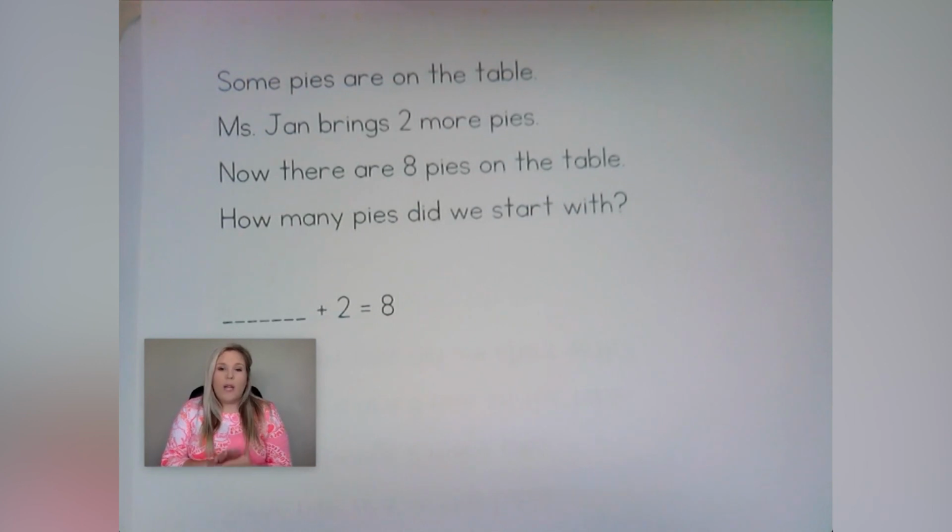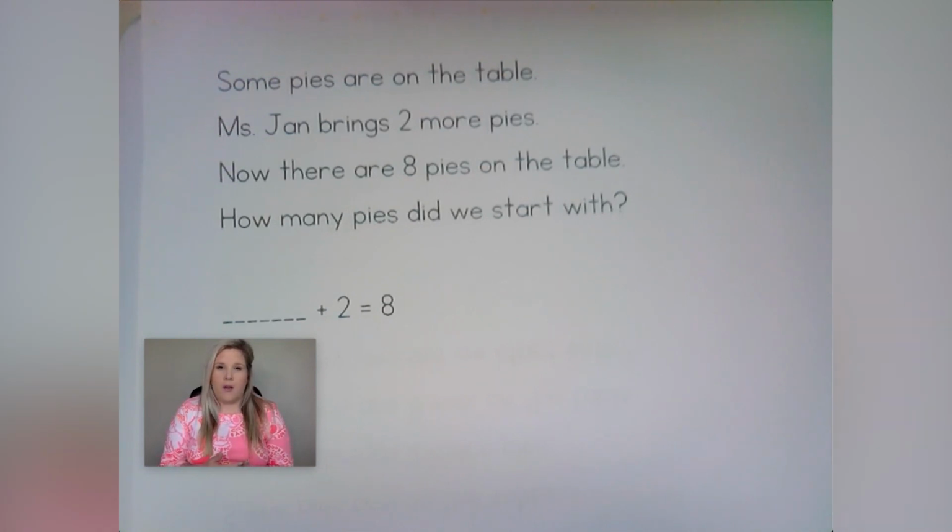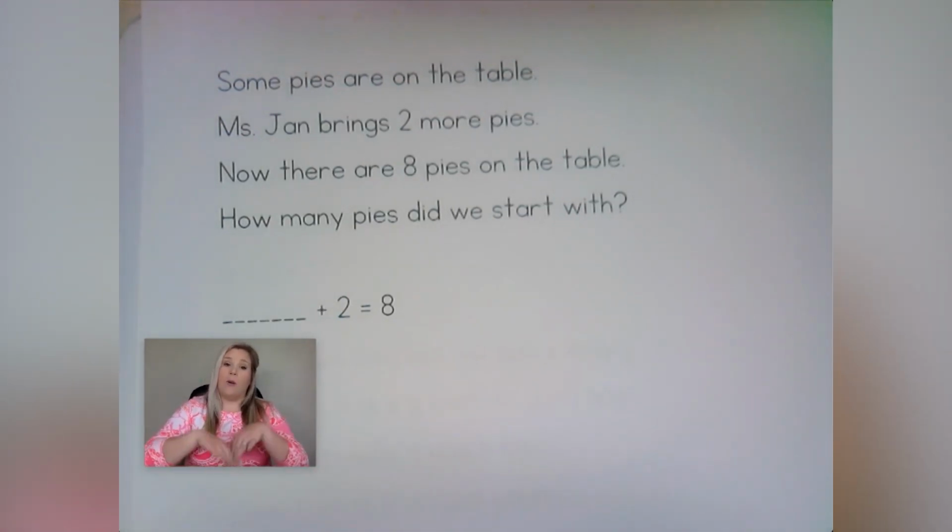Right. We know that there are at least 2 pies on the table. We also know that we have to add some pies to the number of pies on the table until we have our total, which was 8 pies.